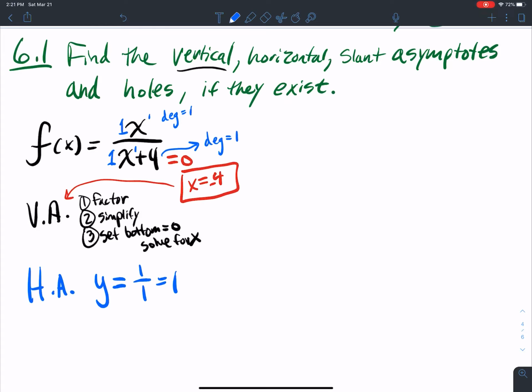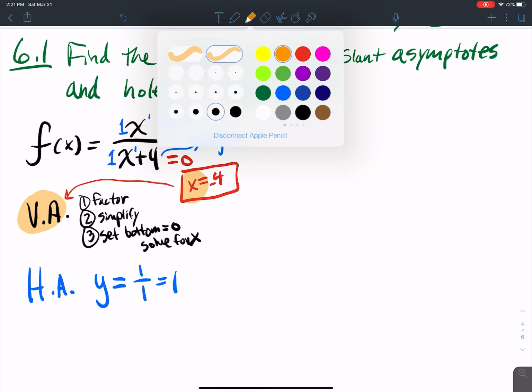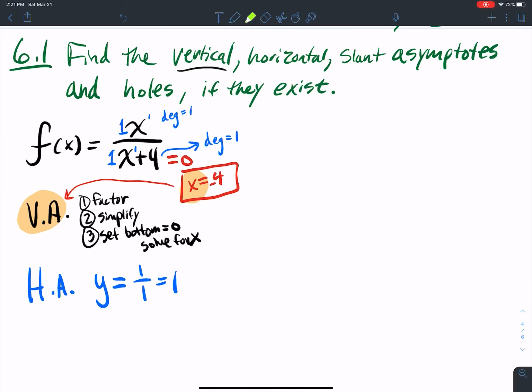Now, you might be asking yourself, if I'm finding a vertical asymptote, how do I know it's x equals a number? And if I'm trying to find a horizontal asymptote, how do I know it's y equals some number? Well, here's how I think about it, and it's super goofy, but maybe you'll remember it. When I do a horizontal asymptote, I think, hey, right?